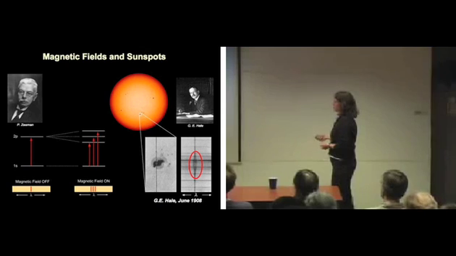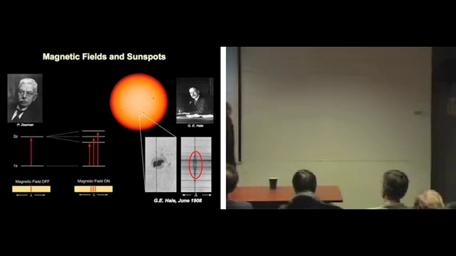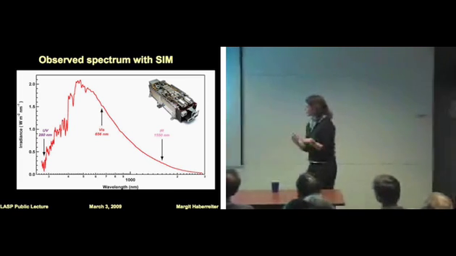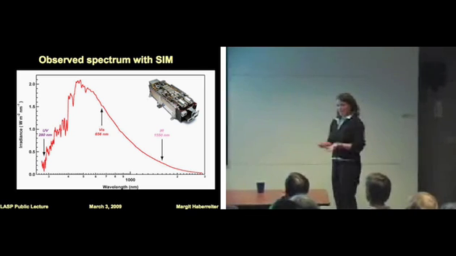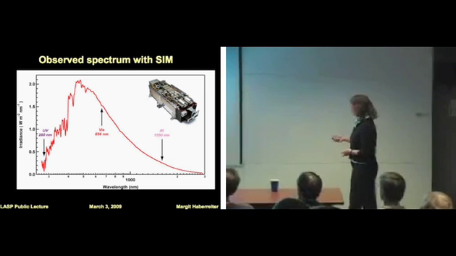So when we look at a sunspot, this so-called Zeeman splitting allows us to infer how strong the magnetic field is on the surface of the sun. Okay, so I hope I could convince you that light is a very powerful means to study physics.